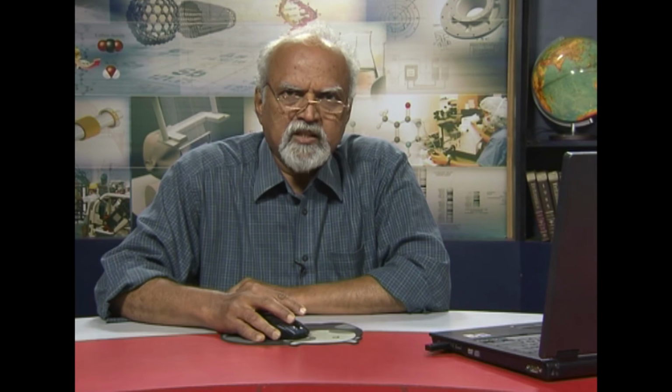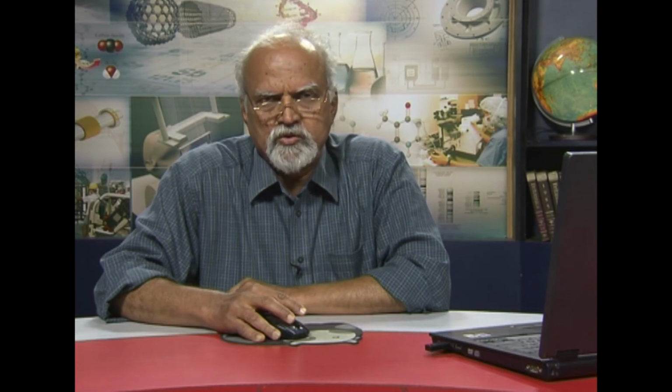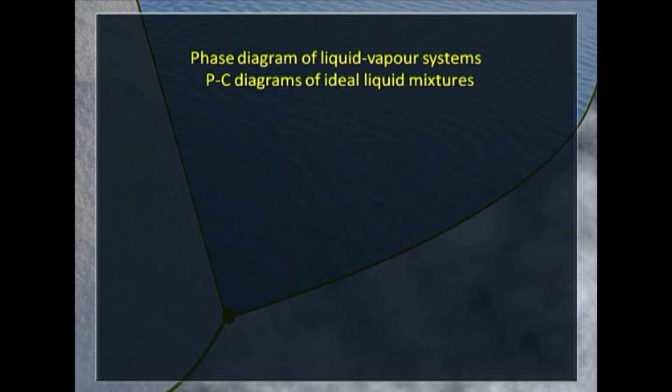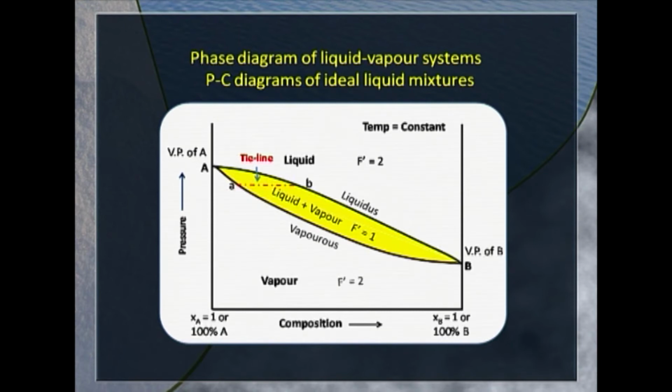It is time for us to look at the phase diagrams of liquid-vapor systems, where we take the pressure versus composition for our discussion. This is the phase diagram where we have plotted the pressure versus composition. You can see the vapor pressure of pure A here marked by point A. Vapor pressure of pure B is given by point B, and we have the curves marked vapourous and liquidous, and we know how these names come.